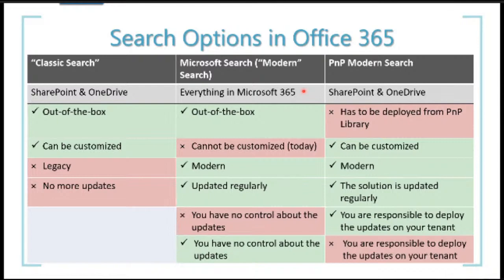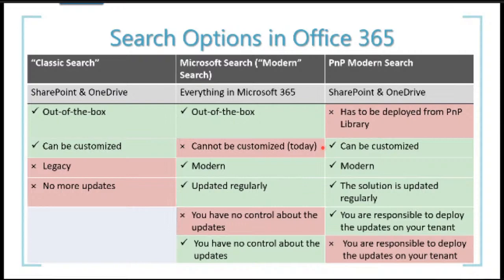The Microsoft Search, or the Modern Search, as many know it, is also out of the box. It can be found in every application in Microsoft 365, including the clients, including Outlook, including Office.com, SharePoint, Teams, everywhere. Today, it cannot be customized. And I'm saying today because Microsoft keeps saying that it's coming.